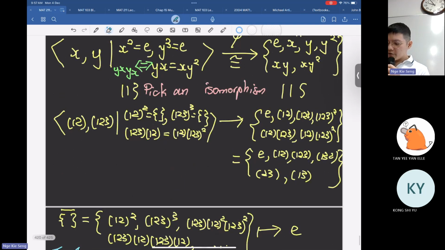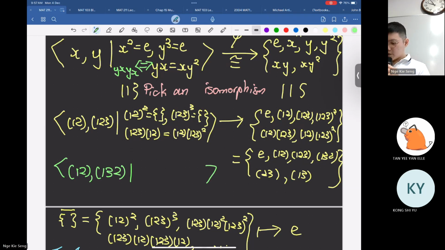Yeah, sure. If you pick a different representation, a different isomorphism, then you will reshuffle the elements. You can also pick different generators that satisfy the relations. It will still generate S3, but this is a different isomorphism.